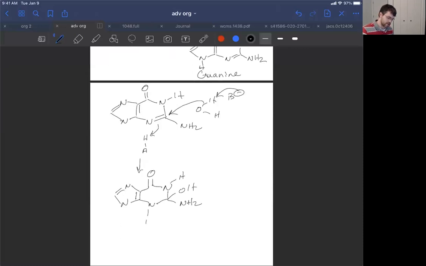Okay, so we go here, and then A minus, that just lost its hydrogen previously, is probably going to attack here and push electrons over here. That's one way to do it, or let's keep it simple. Let's have hydrogen bonding.